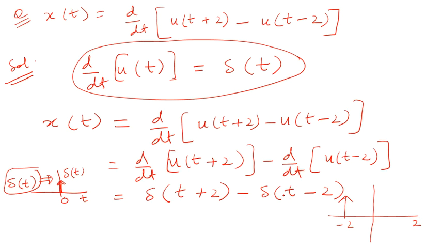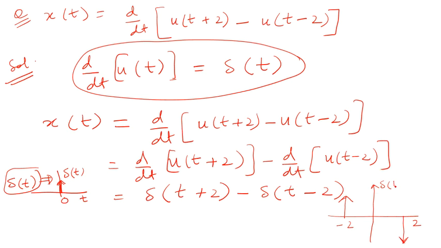But since this δ(t−2) is actually being subtracted from this signal, the resultant signal will be just in the negative direction. So this will be your resultant signal.